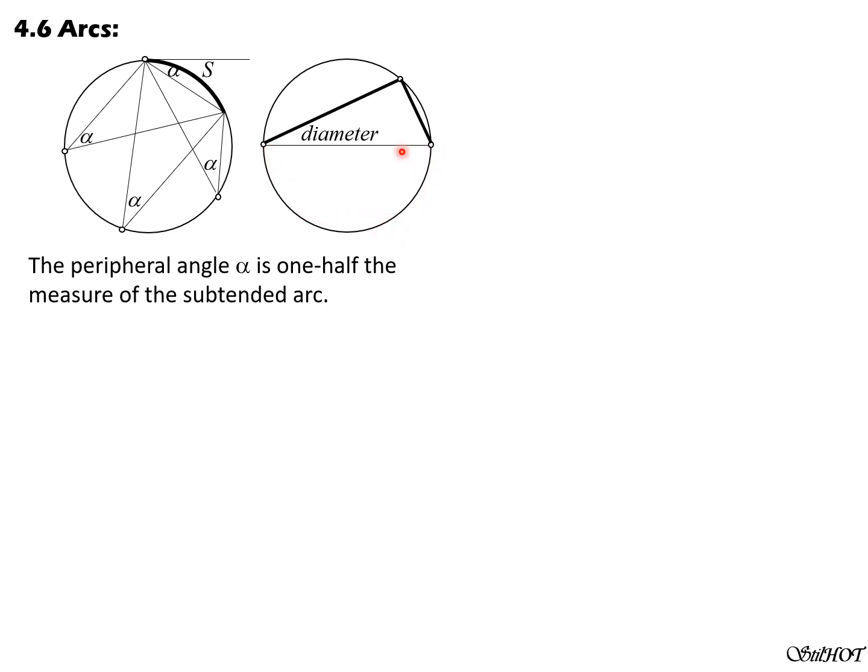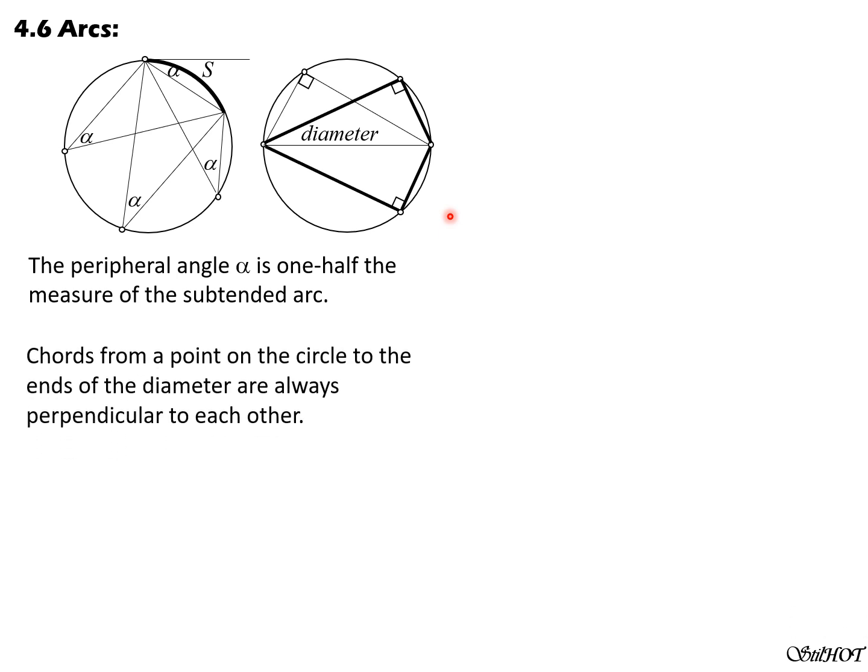That's why the measure of this peripheral angle is 1/2 the measure of this subtended arc, which is 180 degrees. So that's 1/2 of 180, 90 degrees. And that is also true for this case, directly below that point, so that we can use theorems later.